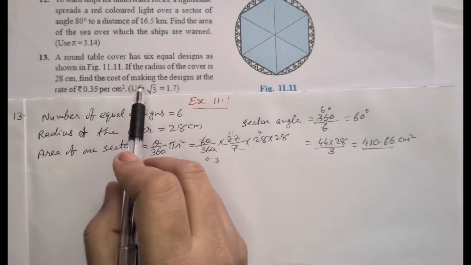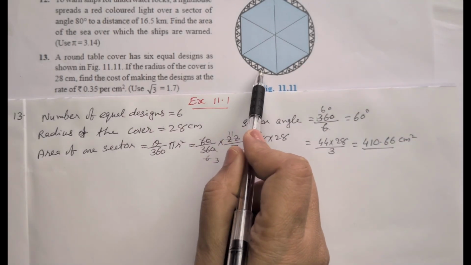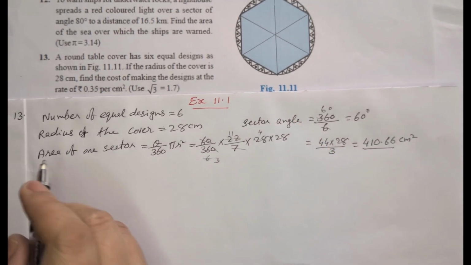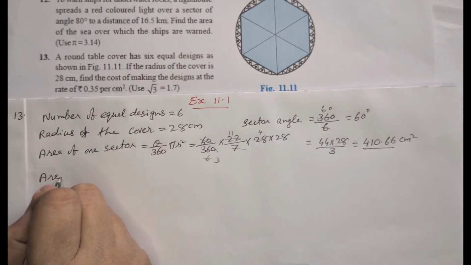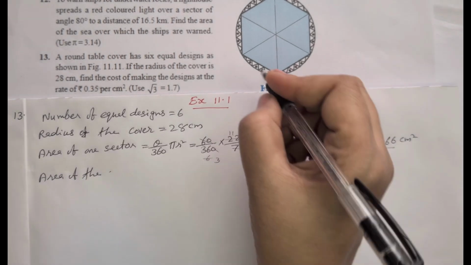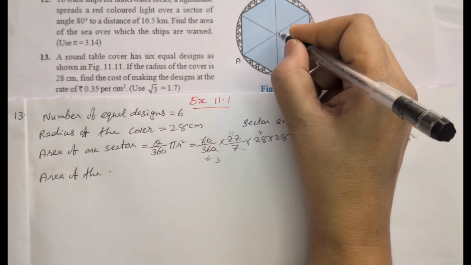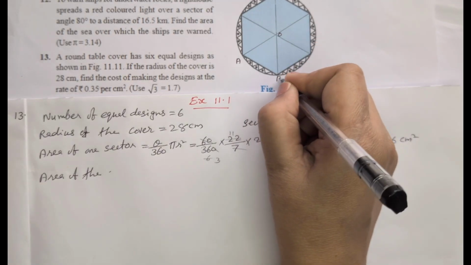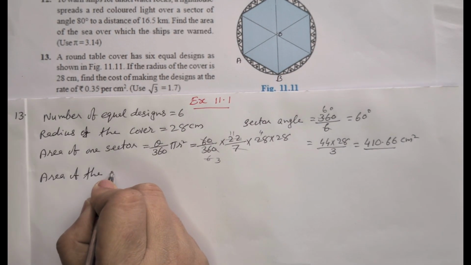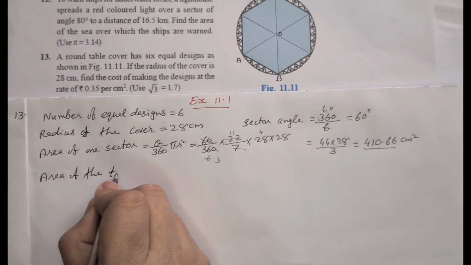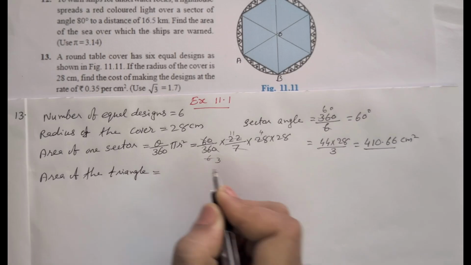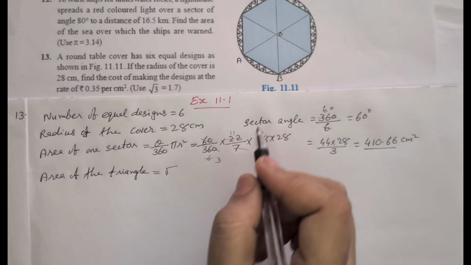Now we have to find the area of this design, that means the segment. So we have to calculate the area of the triangle also. If we name the triangle A, O, B, we can write triangle AOB in the figure. The area of one triangle: this is an equilateral triangle.